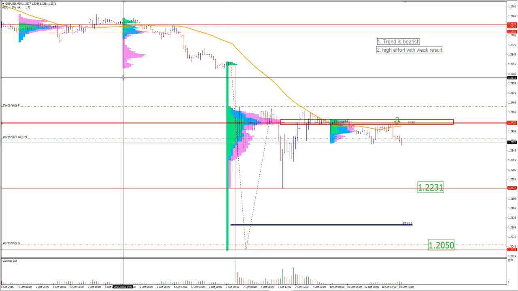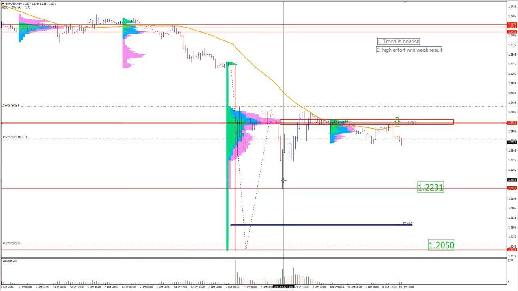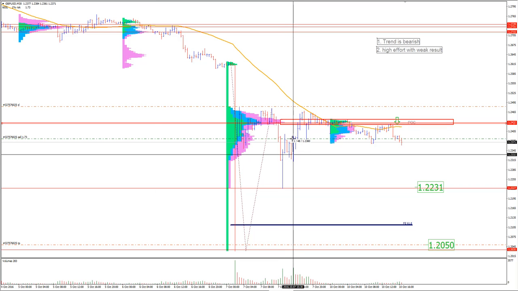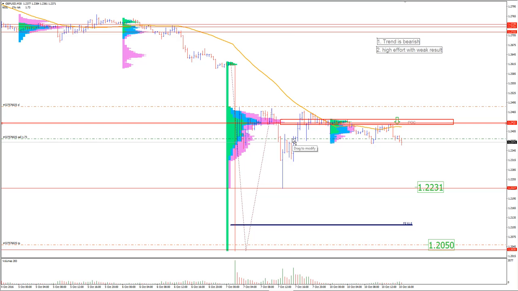So how is it possible that something dropped almost 600 pips on 19k volume, for example, in the futures market, and then you see the demand on 25k and only 80 pips upward, or 20k and only 50 pips upward, right? So this is what we call high effort with weak result, right?